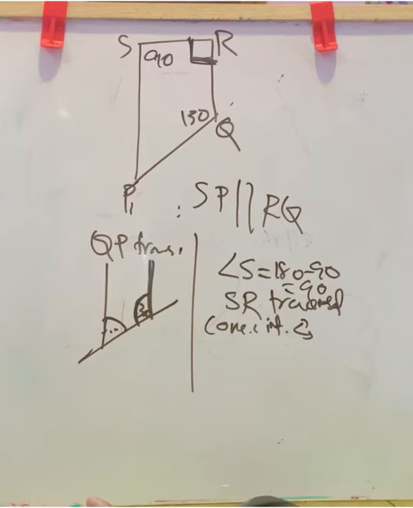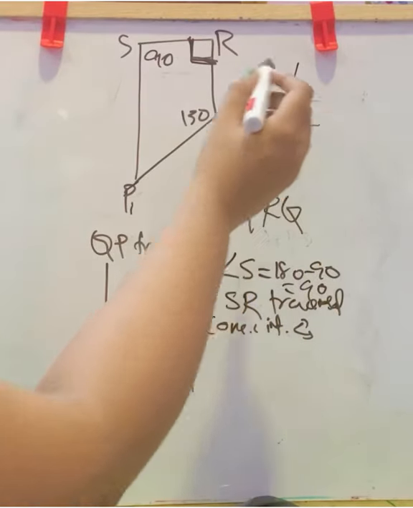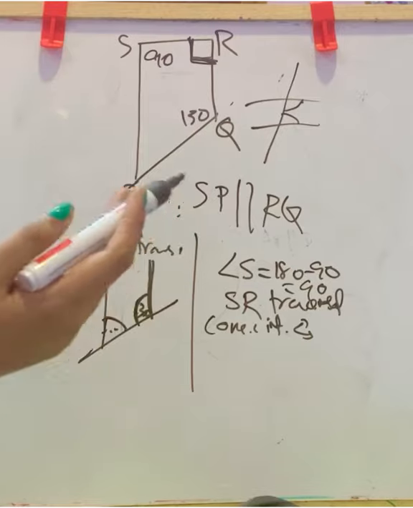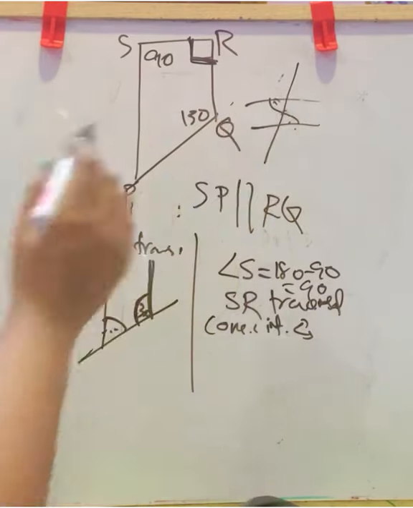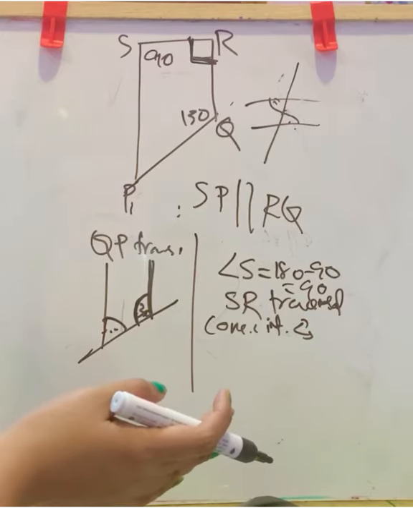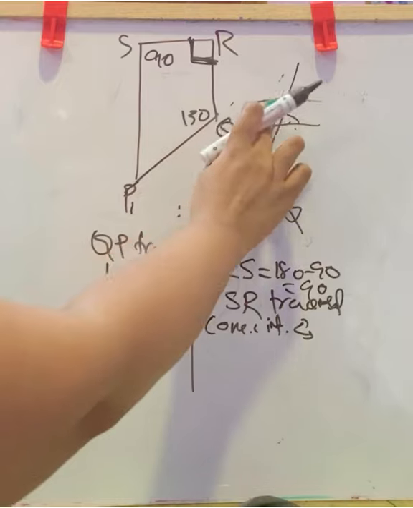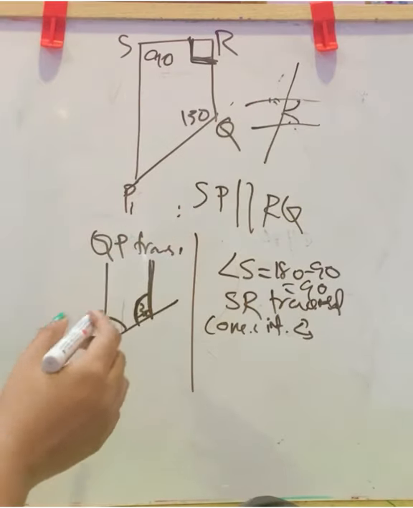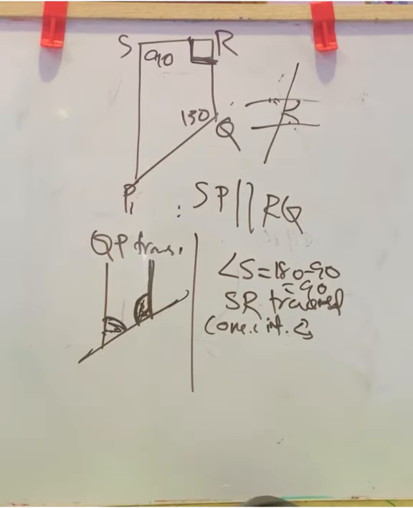Consecutive interior angle means interior angles are on the same part. Here, two parallel lines. These angles are interior and they are on the same part, so it is consecutive. Now, these are interior angles in the opposite part of the transversal, so it is alternate interior angles. These are consecutive interior angles. So, this is a transversal. These are interior angles on the same side.